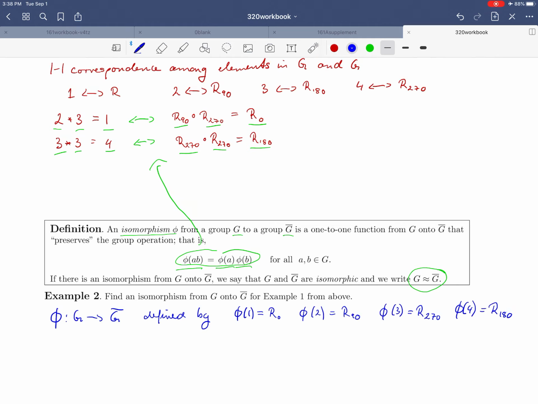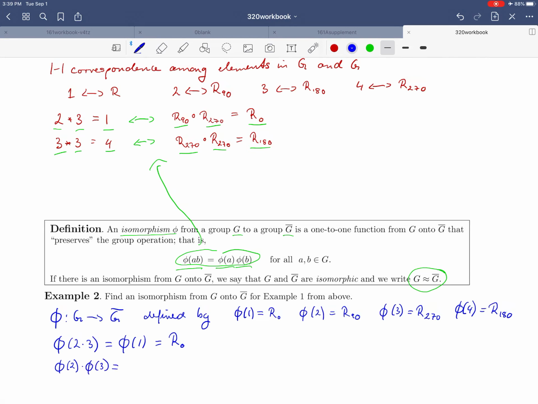If we do it this way, let's see what phi of 2 times 3 is. Well, 2 times 3 is 1 mod 5, so this should be the same as phi of 1. I'm doing the group operation in G first, and then applying phi to it. And phi of 1, we said, is R0. Now let's do it the other way around. Let's look at phi of 2 times phi of 3.